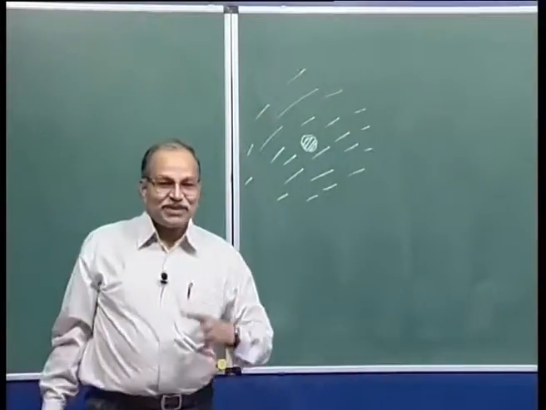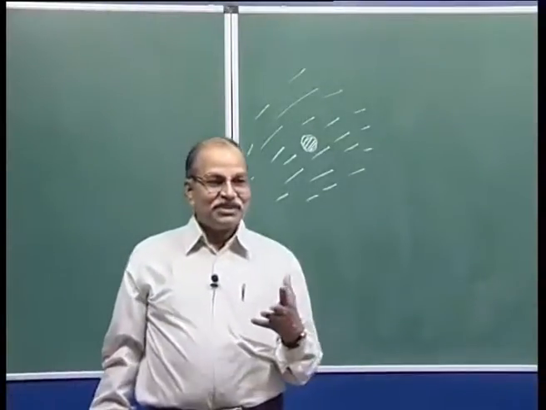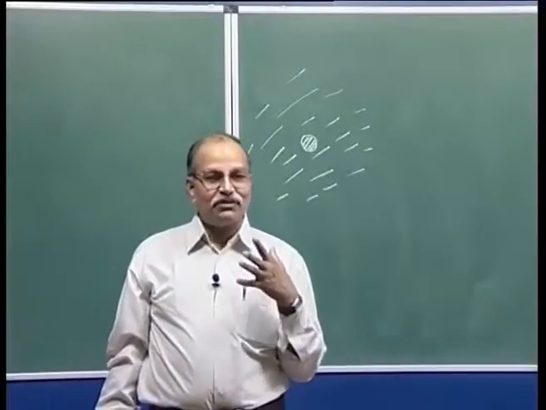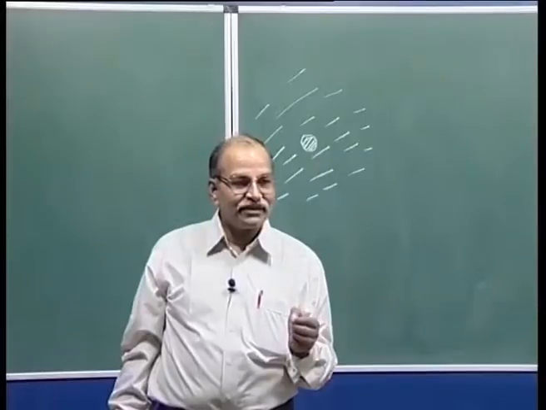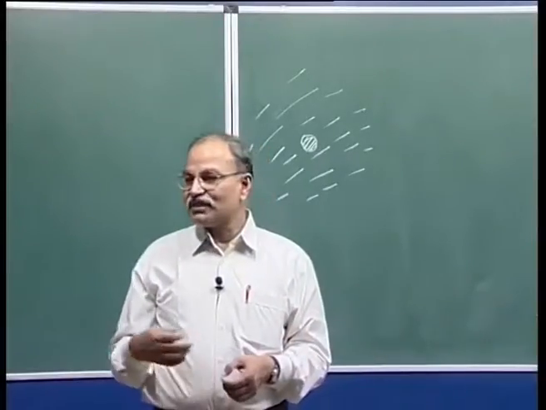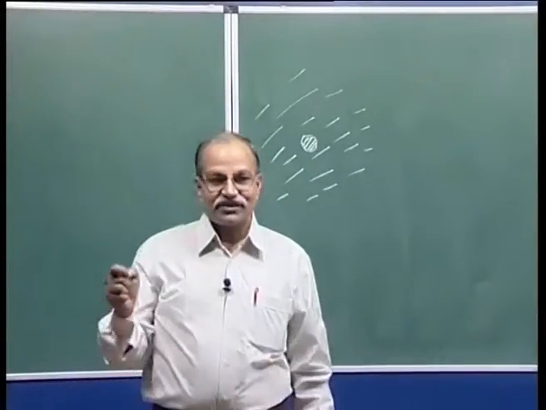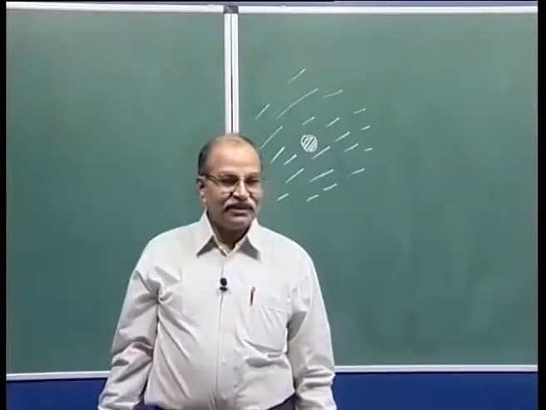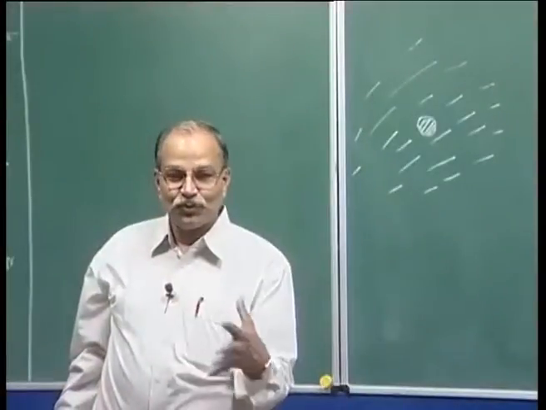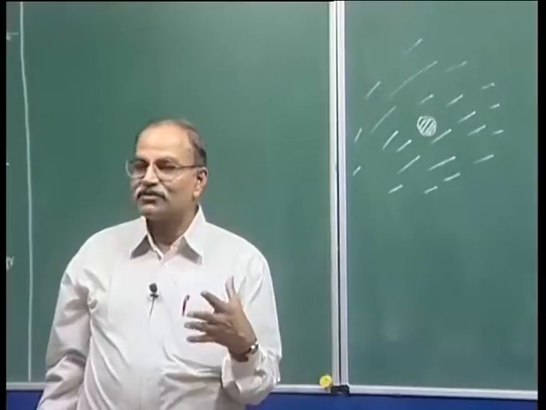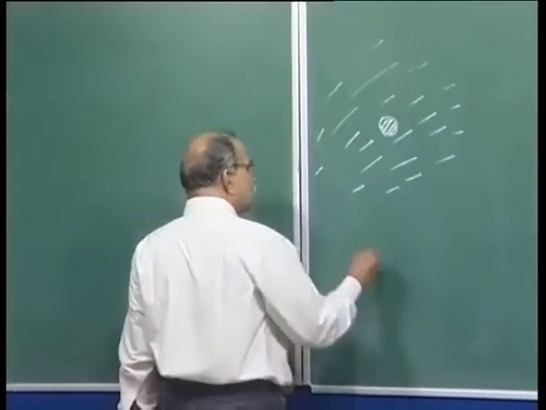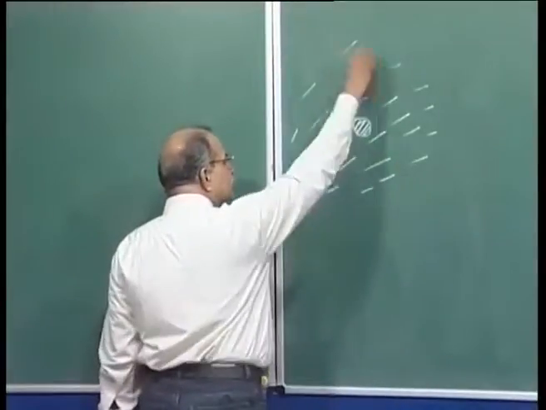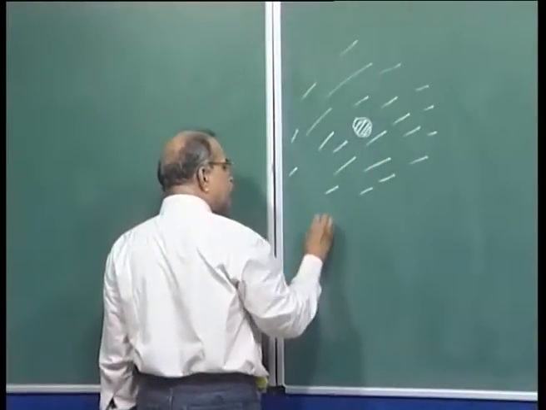Bohr's circular orbit gave a very good explanation of those hydrogen spectral lines, but once the sensitivity of apparatus increased and the fine structure of hydrogen came in, one had to do a better modeling in terms of quantum mechanics. So, how do you get the energy of this atom? Let us say for the hydrogen atom.